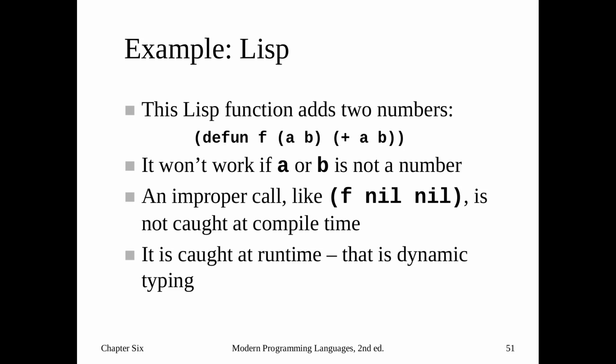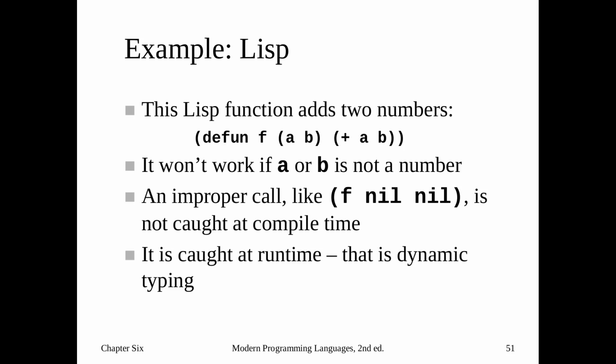Example, Lisp. The Lisp function that's shown here, we're defining the function f, which takes the list a, b in as parameters, and returns the addition of a plus b. It won't work if a or b is not a number, but you won't know that until it actually runs. You have to actually know that this is not going to work correctly.